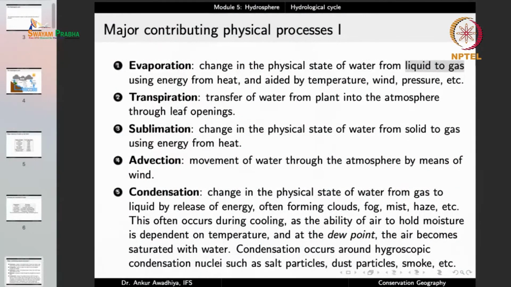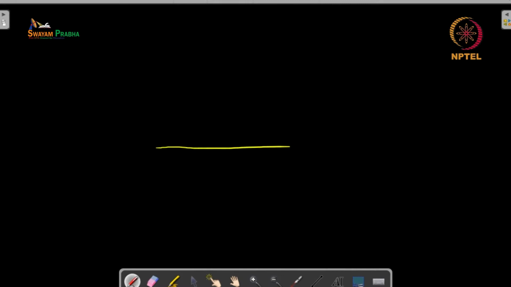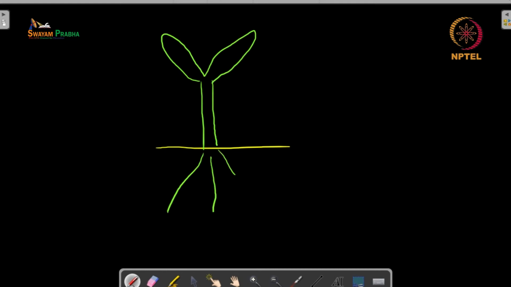So basically what it means is that if you have a plant and here you have the root system, so the water that is there in the ground is taken up by these roots primarily through very small structures that are known as root hairs. Now root hairs are there to increase the surface that is available to gather water.